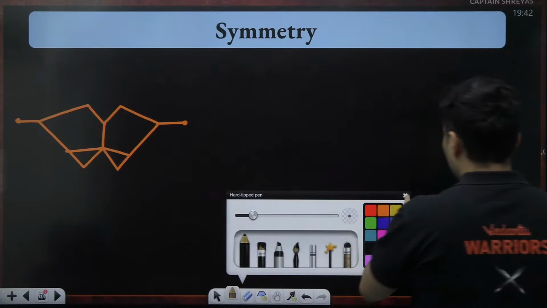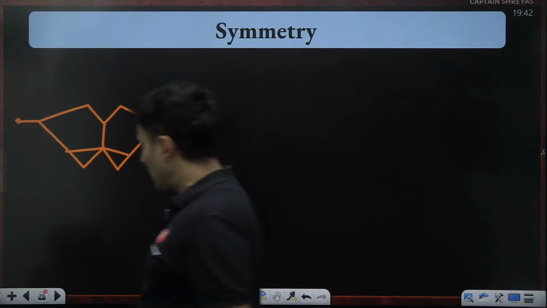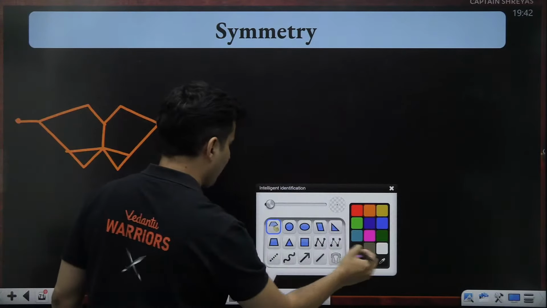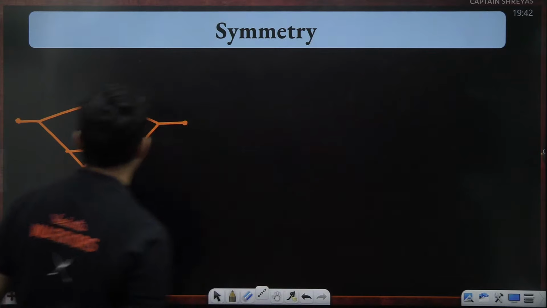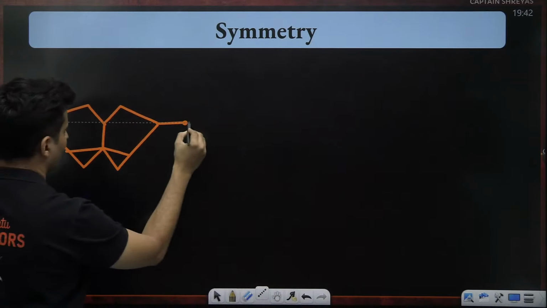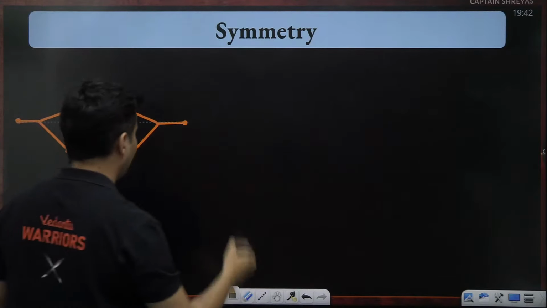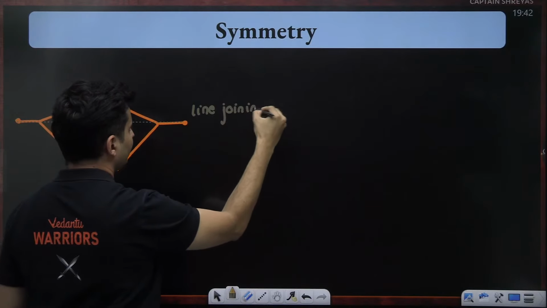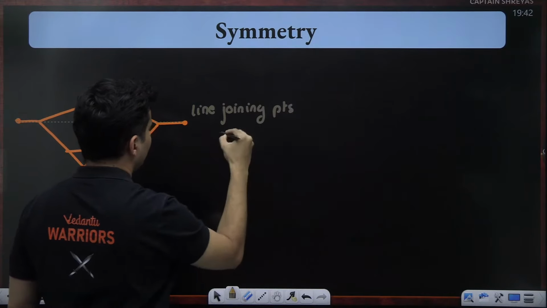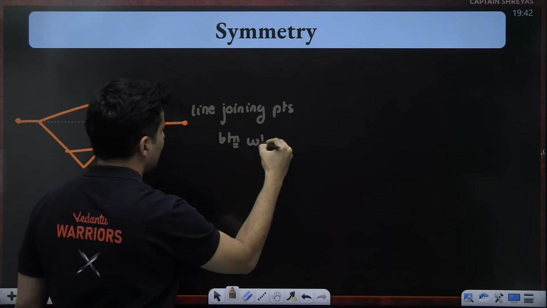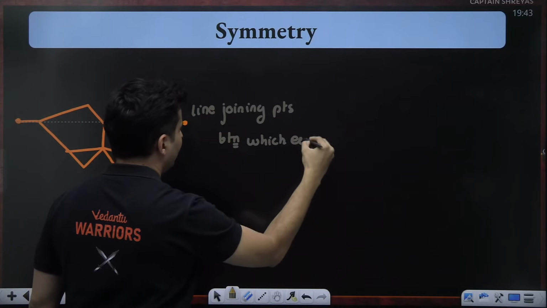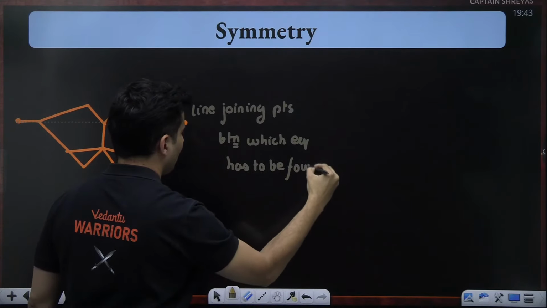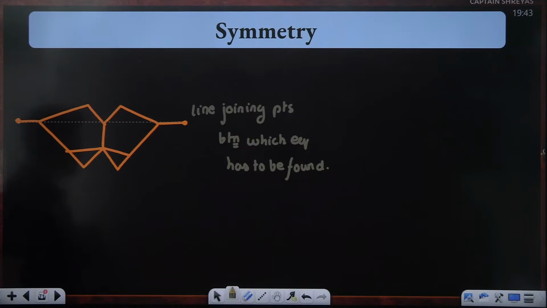What you should do in these kinds of questions is, first of all, join the points between which you want to find the equivalent resistance with a line.